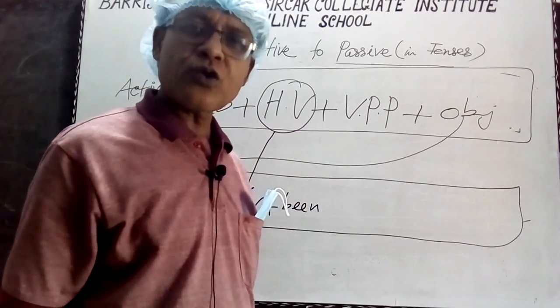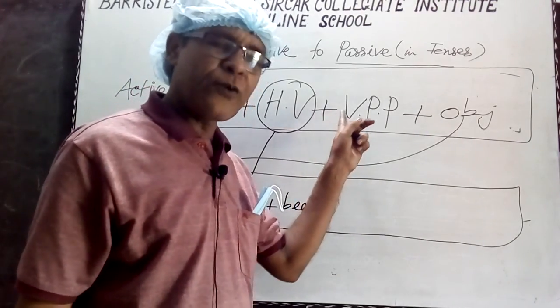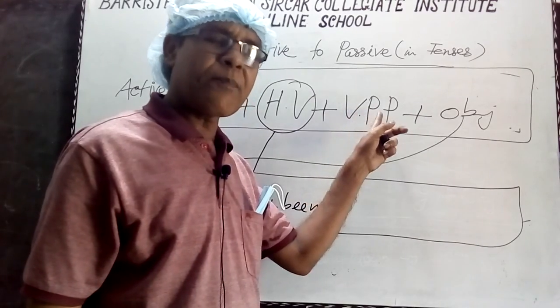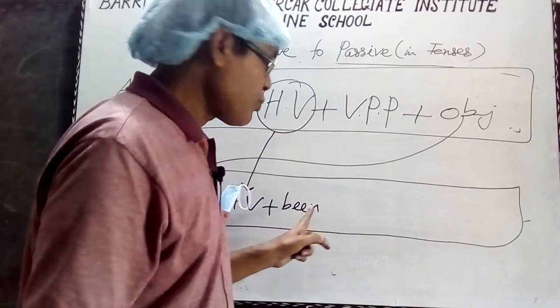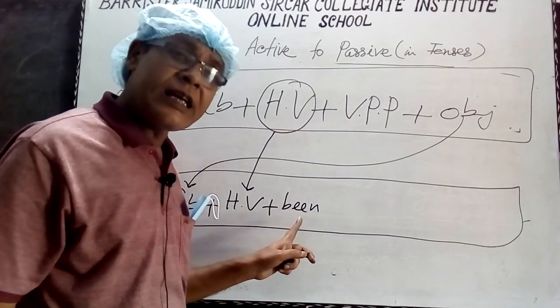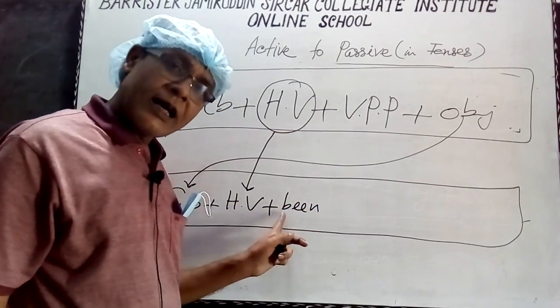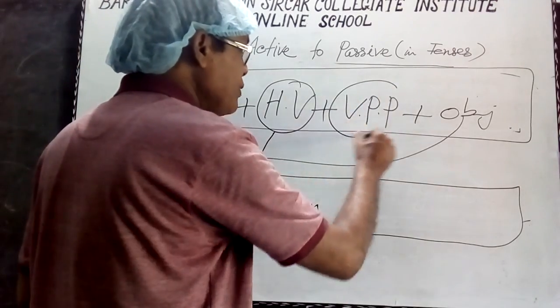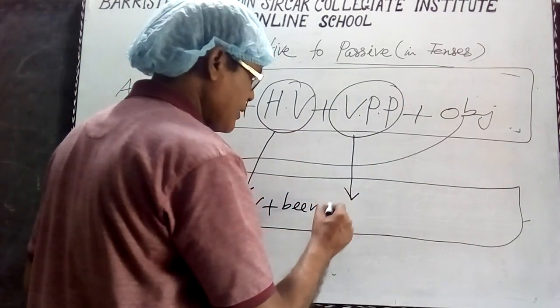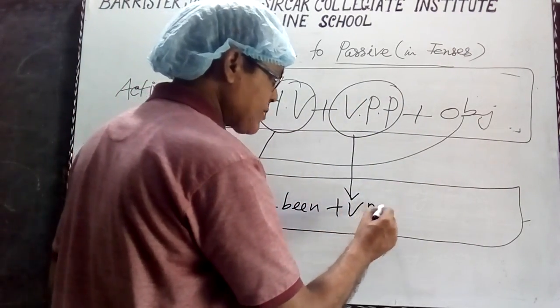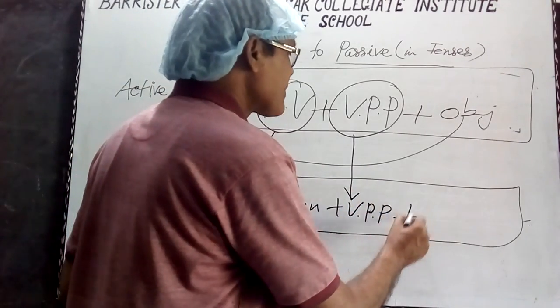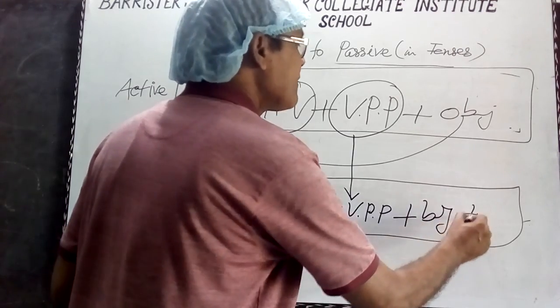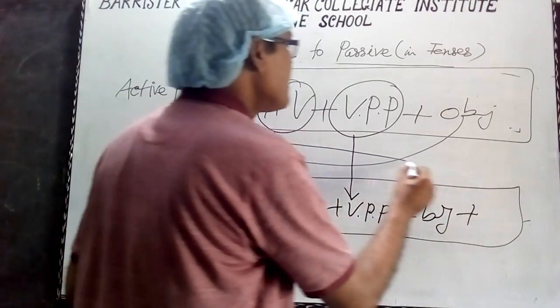If we recognize it is in the perfect form, any kind of tense, then we must put been, B-E-E-N, after the helping verb. Then the verb will be in the same past participle form. And then by, then the subject will be the object here.